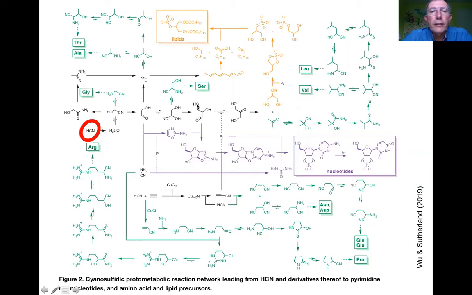And now with glyceraldehyde and the molecule called 2-amino-oxazole, this interesting little thing here, you go along this line and end up with the nucleotides for RNA. Remember, I was telling you that people had trouble producing ribose sugar.